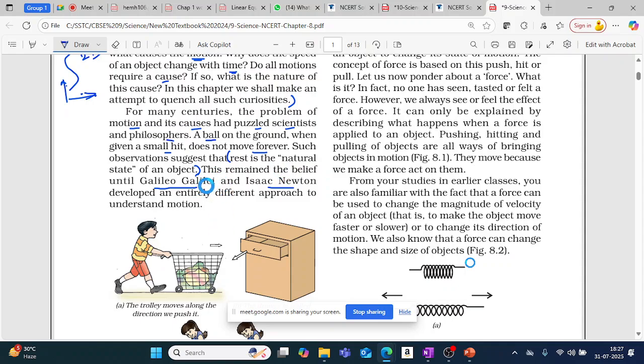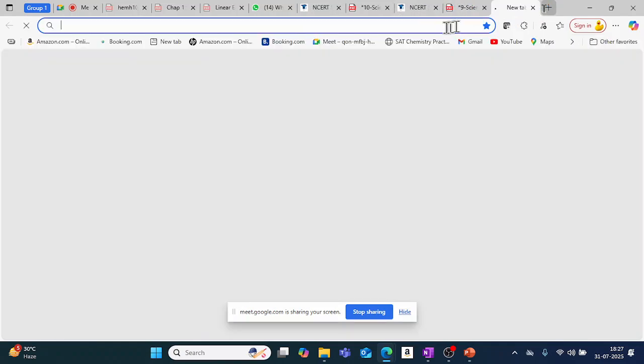So they were thinking like this until Galileo Galilei and Isaac Newton, around 300 years more. When is Isaac Newton's time?